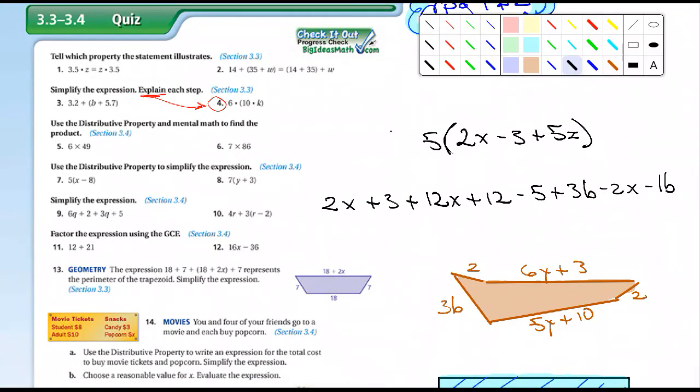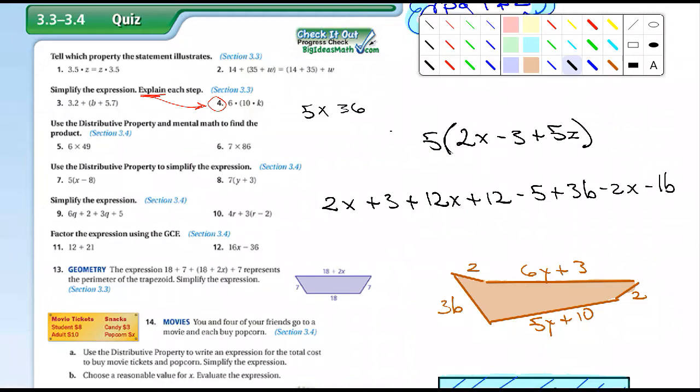Next one, it says use the distributive property in mental math to find the product. Let me make one up here. How about 5 times 36?